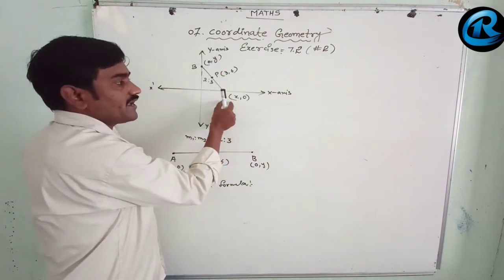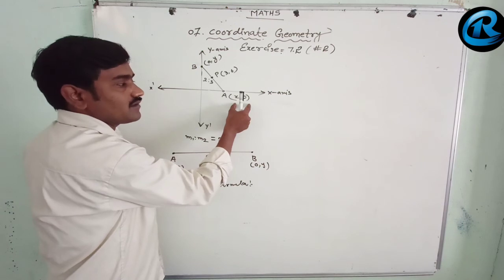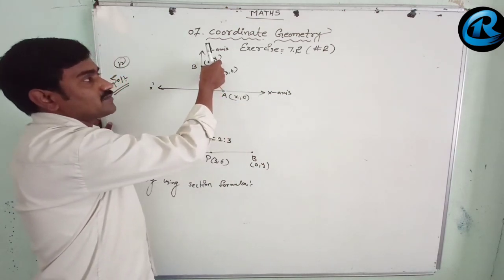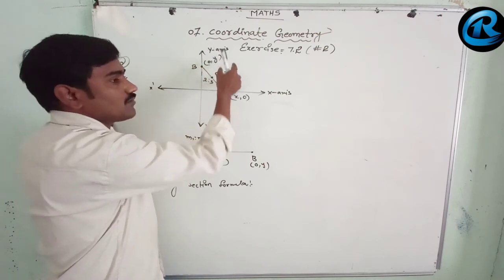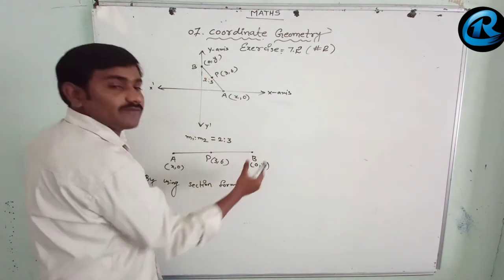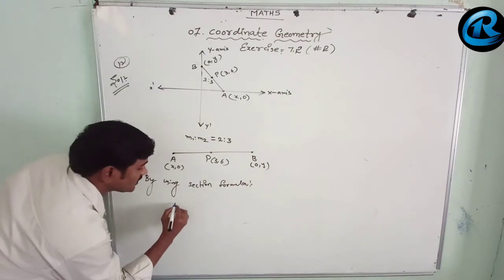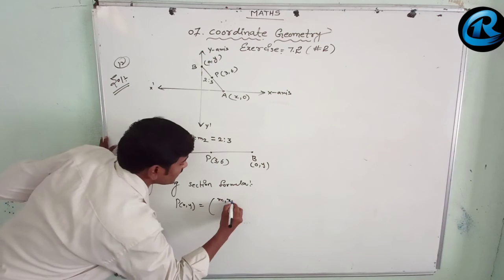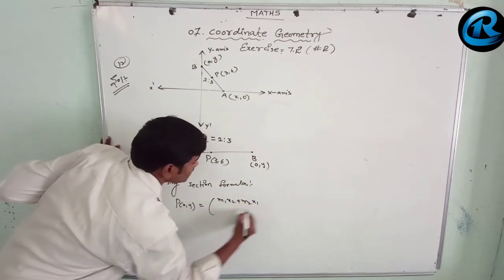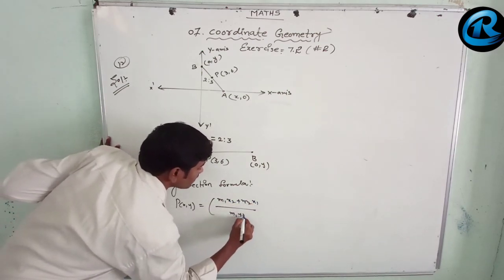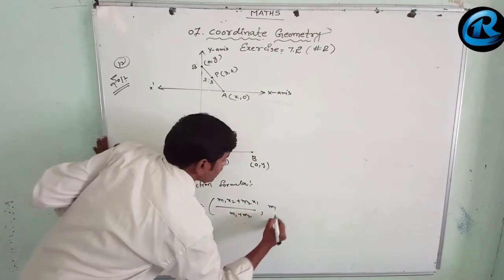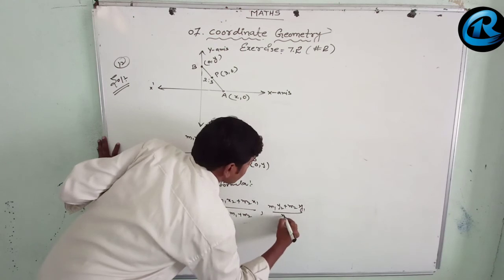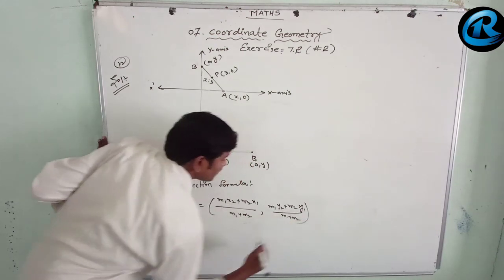Writing it will make it more clear. Then by using the section formula, P(x, y) is equal to ((m1 x2 + m2 x1) / (m1 + m2), (m1 y2 + m2 y1) / (m1 + m2)).